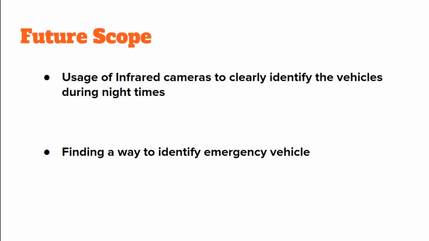And the second thing is we have to find some way to identify emergency vehicles like ambulances and fire brigades so that they can pass as soon as possible, because providing priority to such vehicles will save a lot of lives and properties.